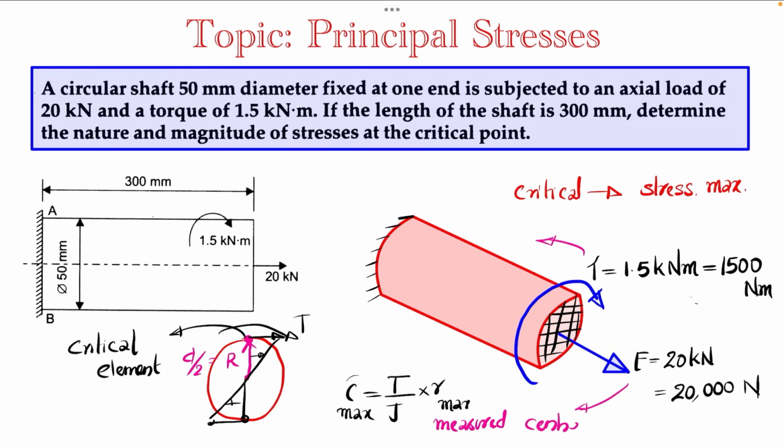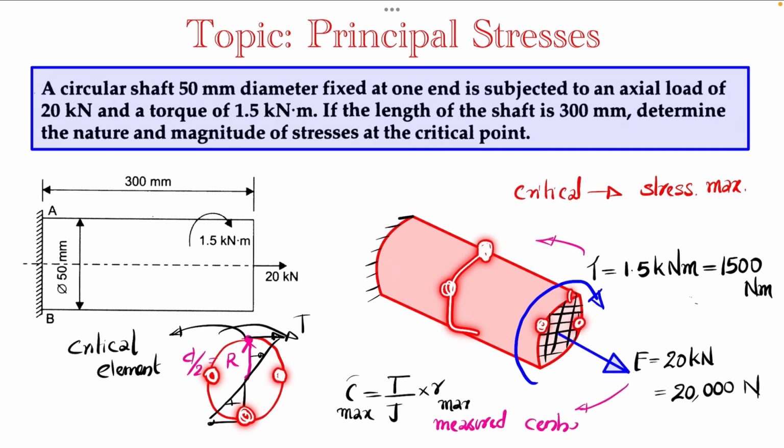But for the torsion loading, the critical point is only the one lying at the outer surface element. So by combining the effect of these two loads, for this problem, the critical element will lie at any section but at the outermost point, here or here, anywhere.